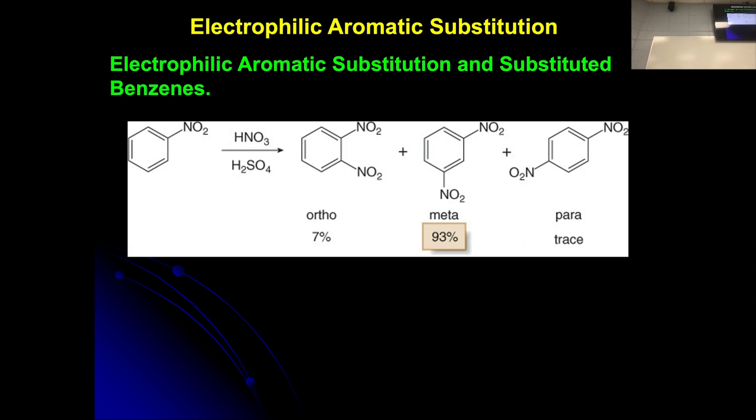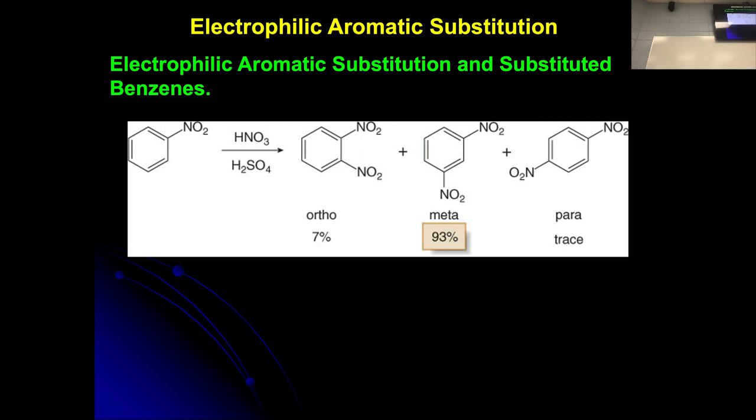I've got something that directs ortho and para, and I've also got something now that directs, what does this one direct? Meta, right? Where's meta to this? Meta to this is here and here. So where does the next one go? Notice that meta to this is also para to that. So it goes here.